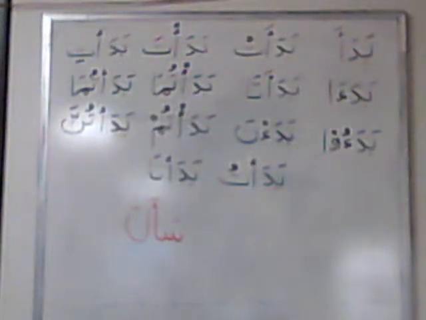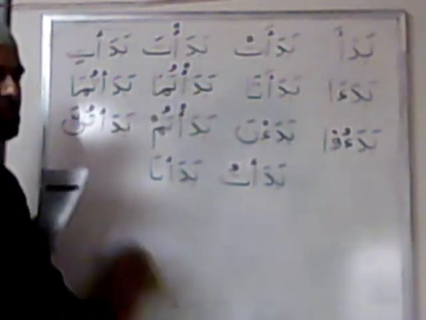Okay, so now we move on to a new practice sheet, because last time we finished off the sheet on mudaf ilayhi, but we continue with more examples from the Qur'an related to mudaf ilayhi.